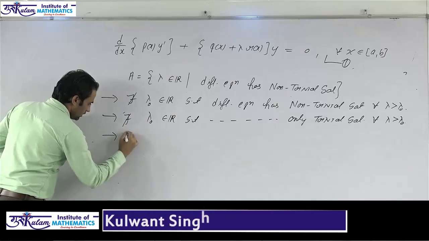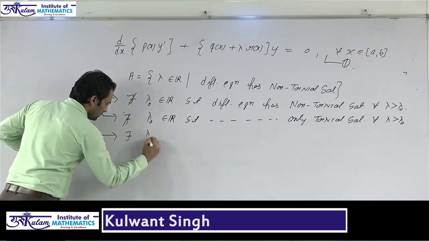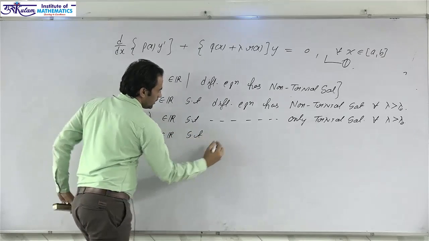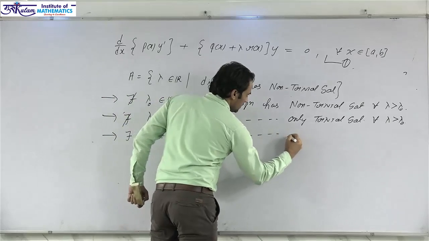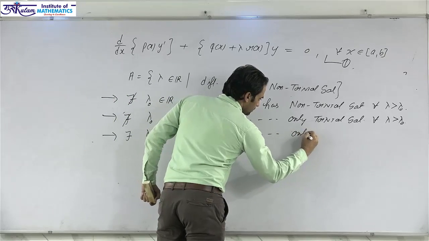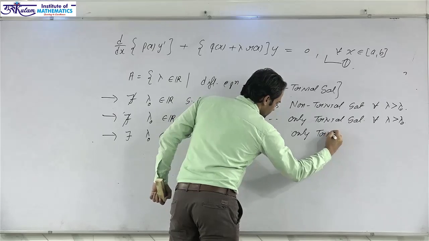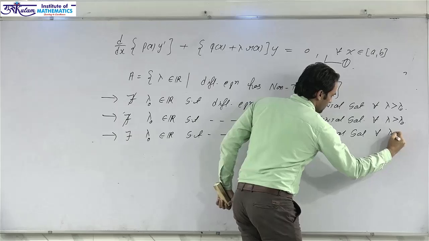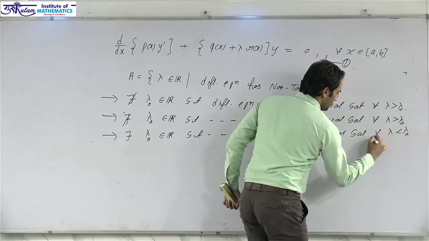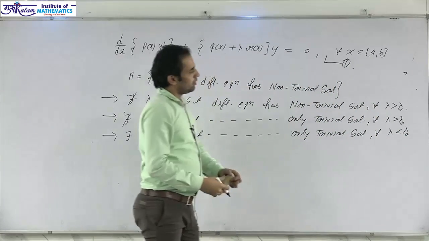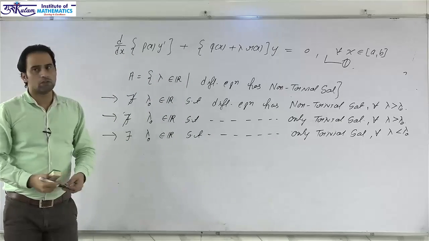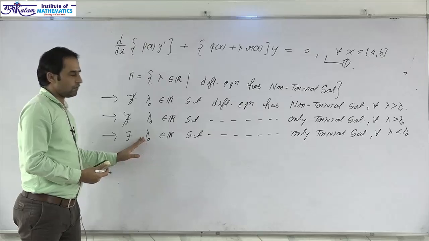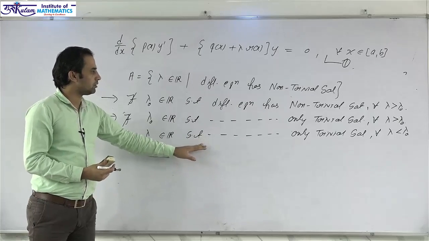And the next property: there always exists lambda naught belongs to R such that the differential equation has only the trivial solution for all lambda less than lambda naught. Since this set is bounded below, you can take a least lambda naught for which this property holds.